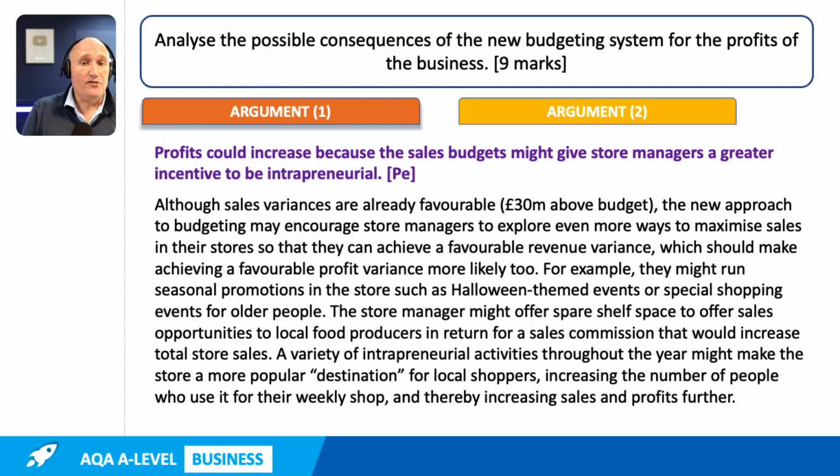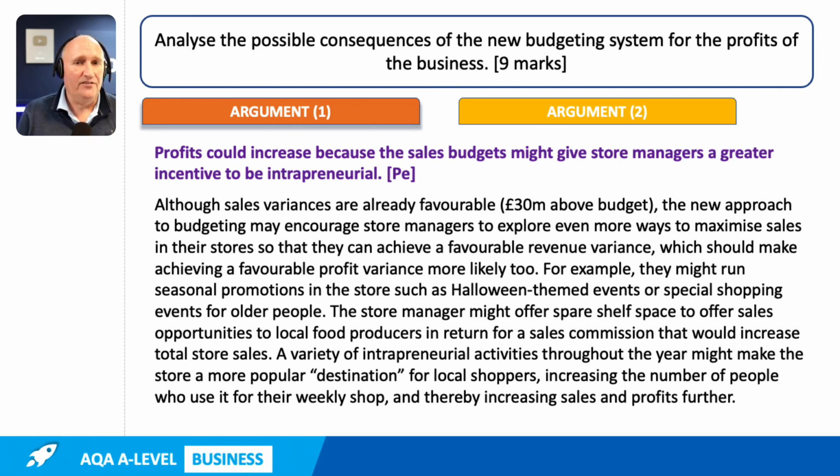For example, they might run seasonal promotions in the store, such as Halloween themed events or special shopping events for older people. The store manager might offer spare shelf space to offer sales opportunities to local food producers in return for sales commissions to increase total store sales.